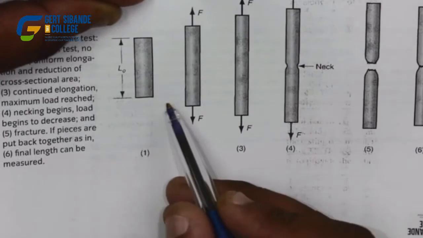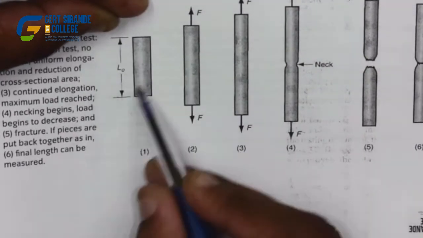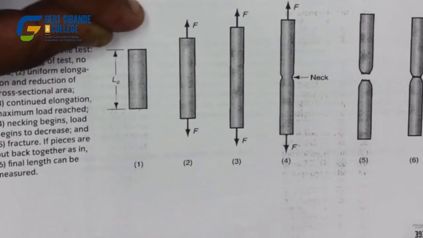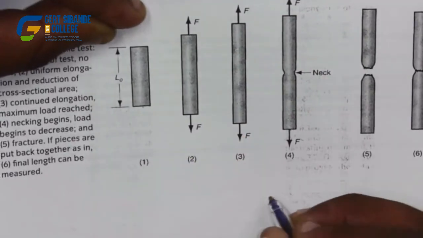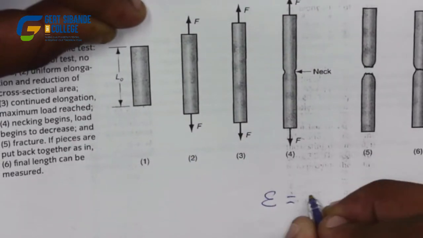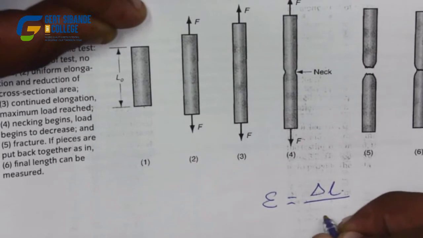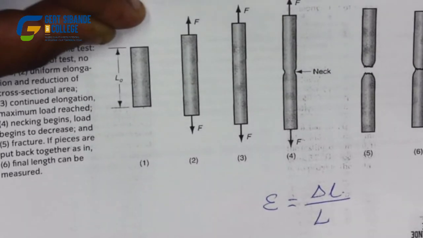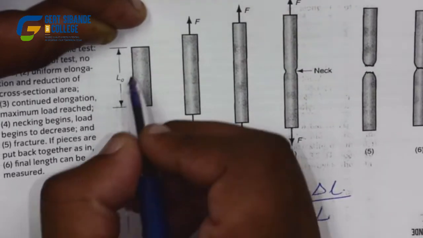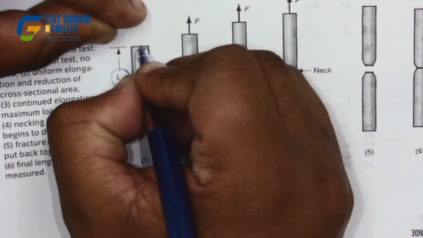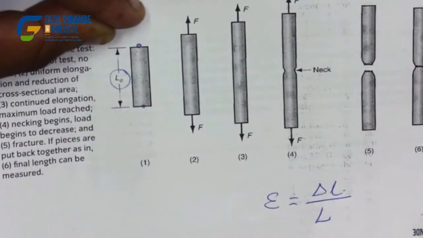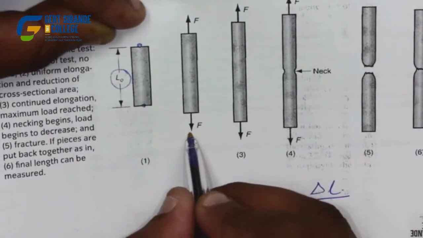The material will start at the beginning at its original length, and the change in length over the original length will give us the strain. As you can see, I will be starting right there. I will take a measurement from that point and then apply force.